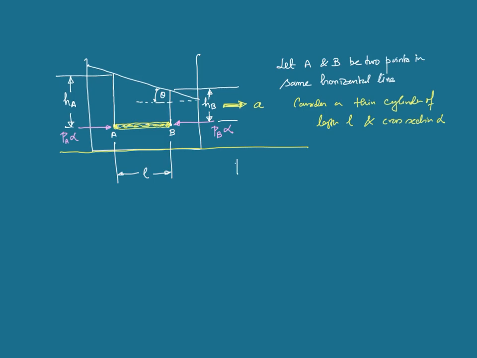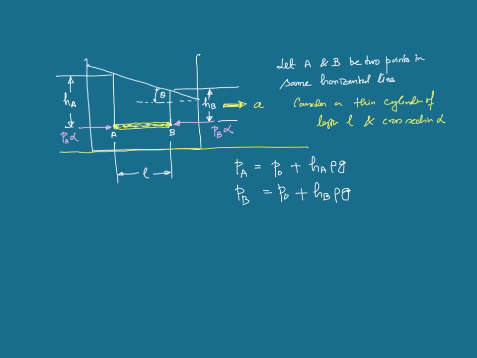So Pa, absolute pressure, you can find Pa is equal to P naught plus Ha rho g, and Pb also P naught plus Hb rho g, right?